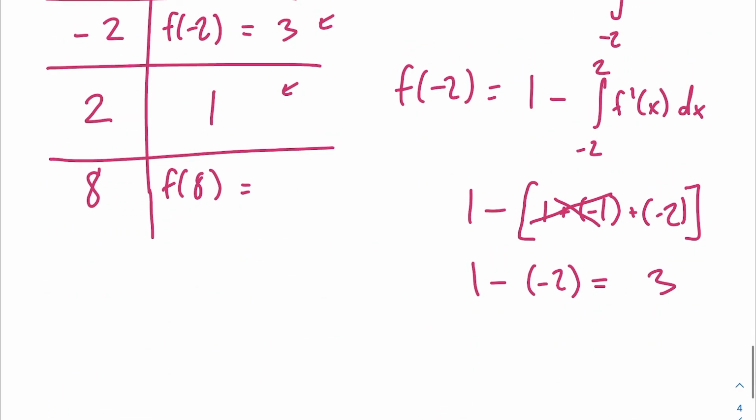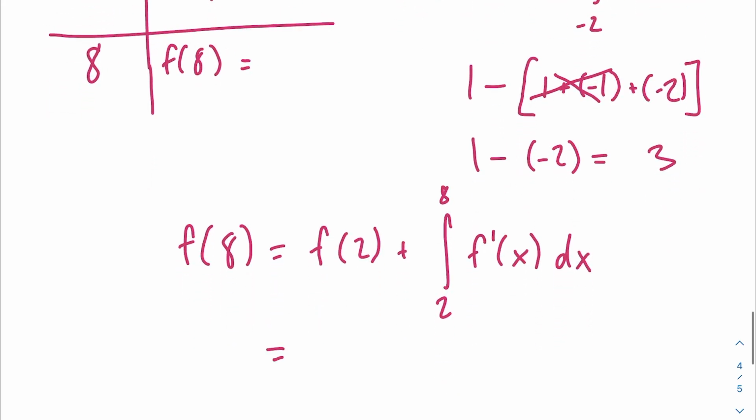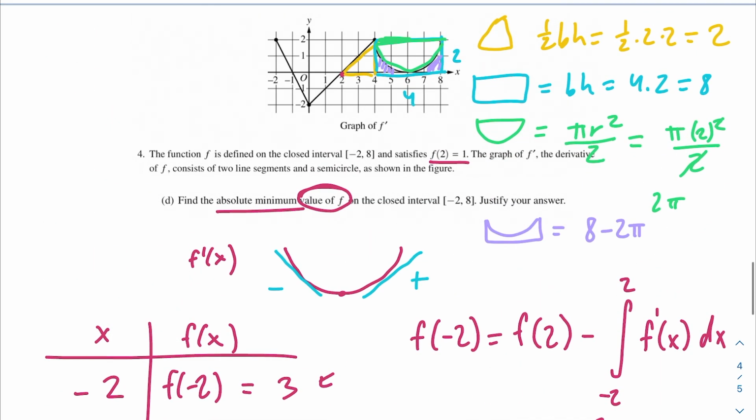So I forgot to set up my equation, but that's okay. So f of 8 is going to be equal to f of 2 plus the area from 2 to 8 of f prime of x dx. So we know that f of 2 is 1, so 1 plus, and then we found the area is going to be the combination of these areas here.